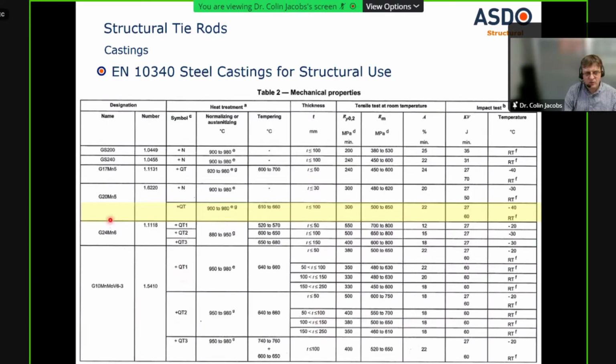And a typical grade we will use is this G20Mn5. So typically it gives us a yield stress of about 300 and an ultimate 500 to 650. But more importantly, it has good elongation at 22% and very good Charpy values. So it's a quench and tempered steel, but this is generally one of the more practical steels to be using for this type of structure.